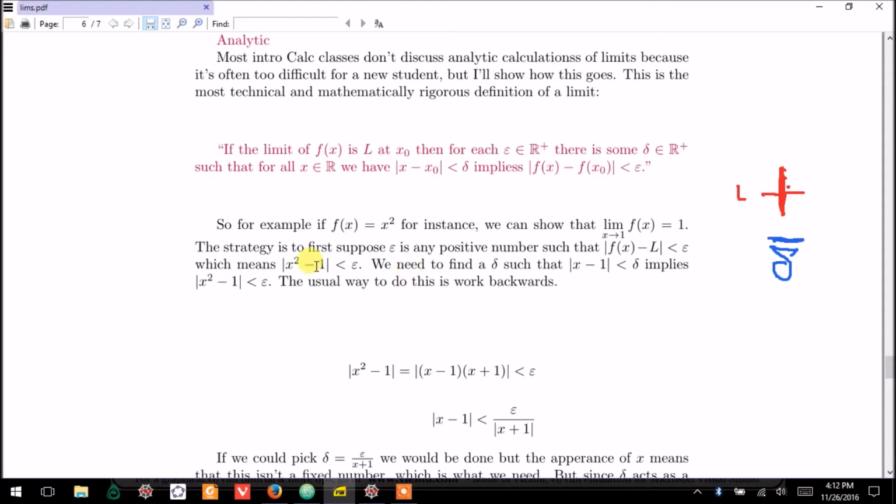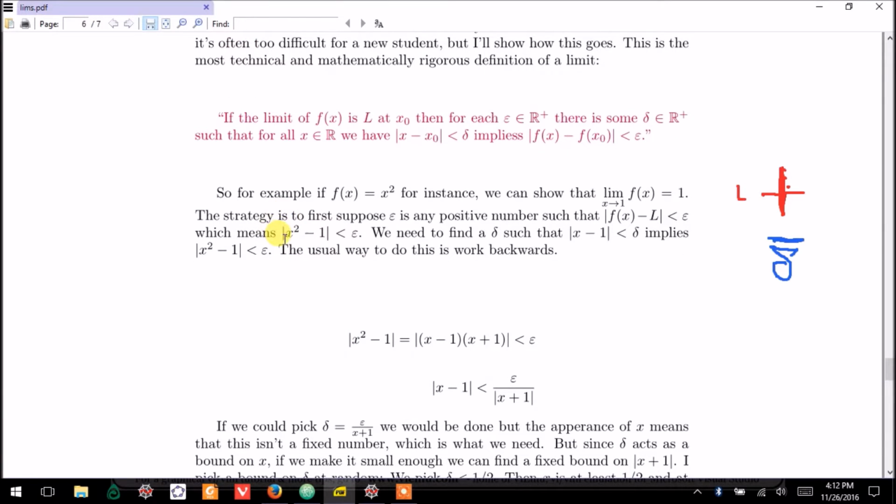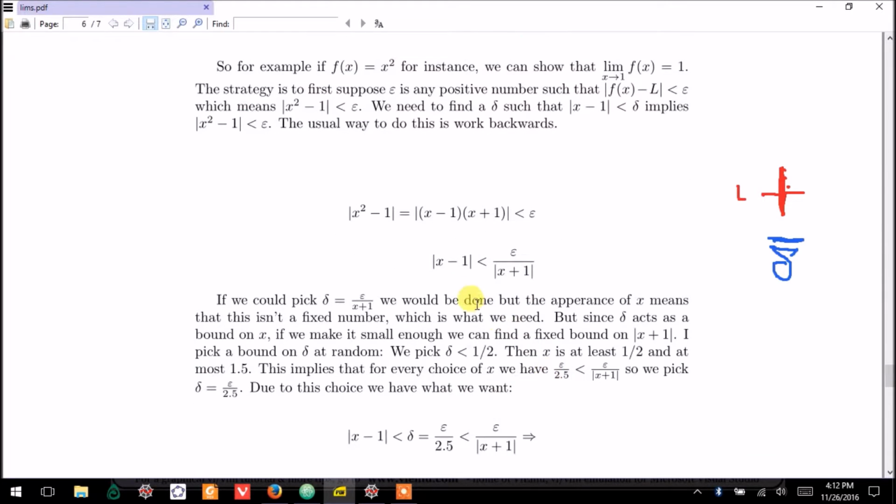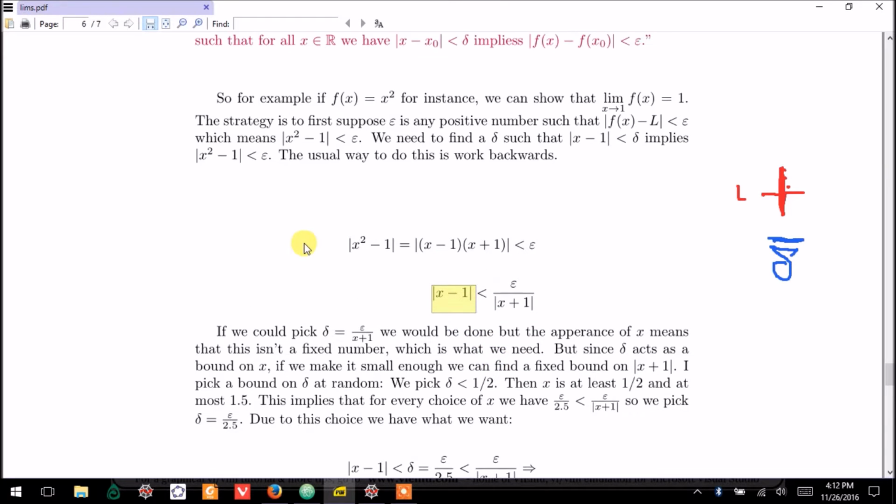And clearly, that factors. I'm looking for my delta, so I want to phrase this in terms of something that has to do with x minus 1. Well, it factors easily, and then I can distribute the absolute value and divide by x plus 1. I now have some kind of a nice statement about absolute x minus 1 that hopefully will guide me to an easy choice of delta.